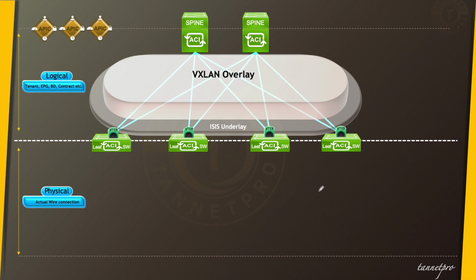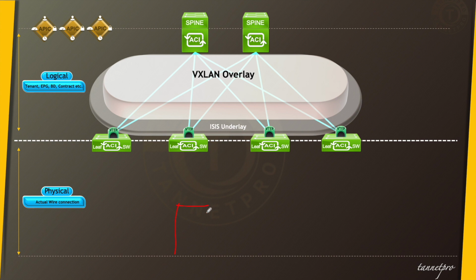Before going further, I would like to show you how the packet flows, because on top of this logical part, they don't understand VLAN. VLAN doesn't work there. So what do they understand, and how does it happen?